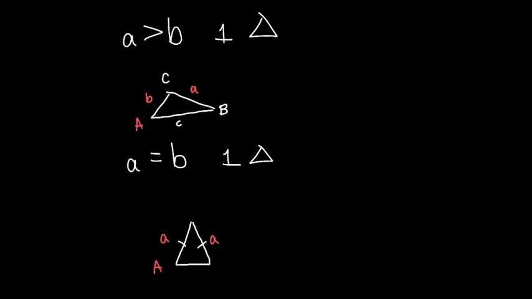The triangle formed will then be an isosceles triangle because the two sides are congruent. Again, we can draw a circle with radius little a around both of these triangles to see that this is true.